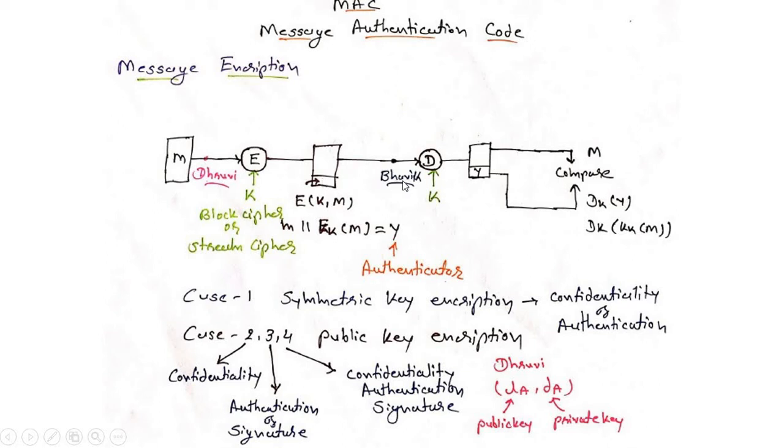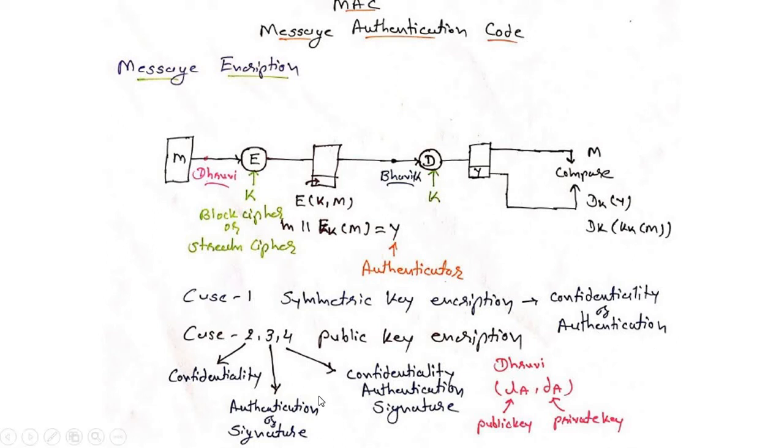Whenever Bhavik receives the message, Bhavik will first decrypt using the key from Dhruvi, and Bhavik will compare the original message with the decrypted message. Suppose the result is the same, so Bhavik will know that the message was sent by Dhruvi. So in that case Bhavik will get 2 things, confidentiality and authentication.